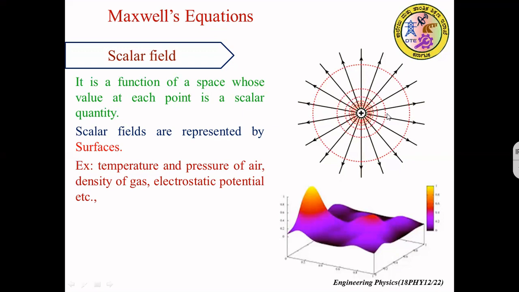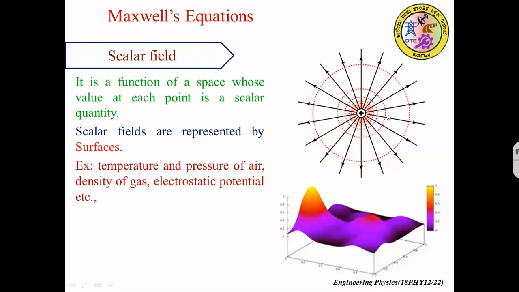So there is a temperature difference or gradient, as we call it. There is a continuous variation in temperature from the source to the distance far off from the source. This variation is also an example of scalar field.